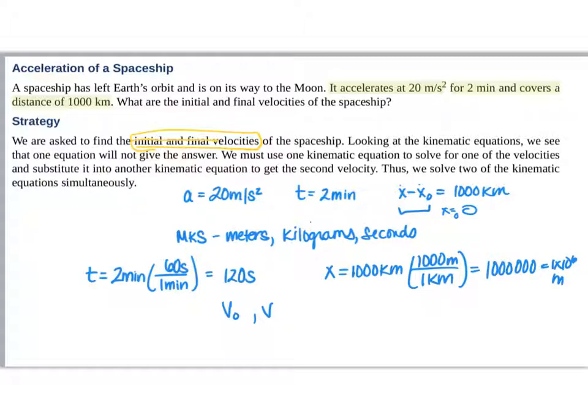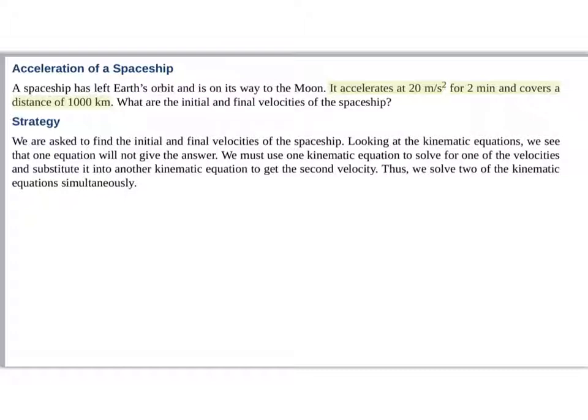So let's go to the next slide so we have more room. I have 2 kinematic equations. These are the equations we derived in class today. x equals x naught plus v naught t plus 1/2 a t squared, and v is equal to v naught plus at.